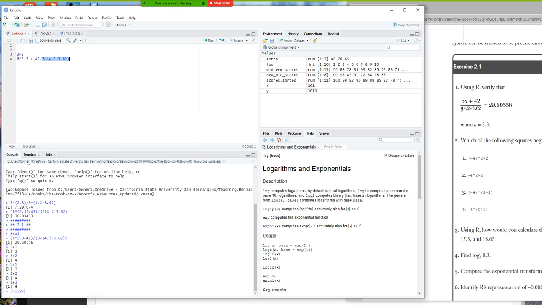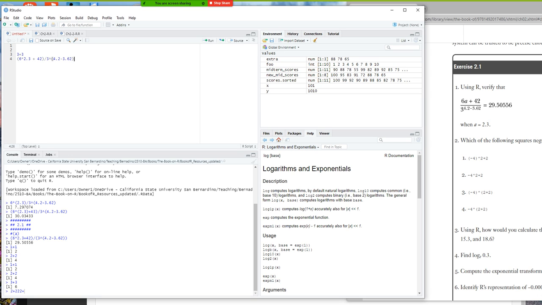So for your numerator, you have to put the parentheses. That means 6 multiplied by 2.3 plus 42, then divided by 3 to the power of this difference, right?